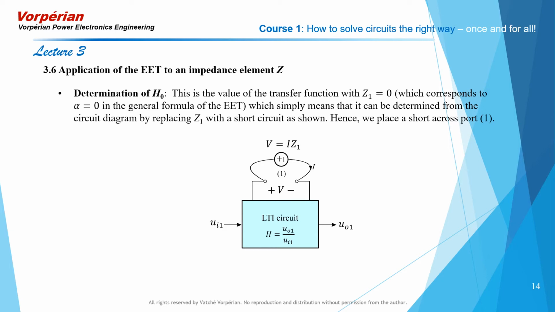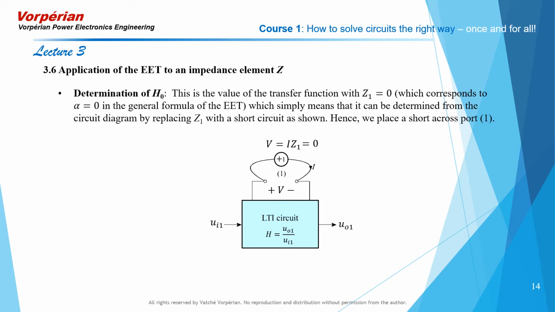The first one is H0. And we're going to do that, we said, operationally on the circuit diagram by setting the gain of the dependent source equal to 0. The gain of the dependent source here is Z1. When you set that equal to 0, that really amounts to nothing more than short-circuiting that element. Let us set that equal to 0.